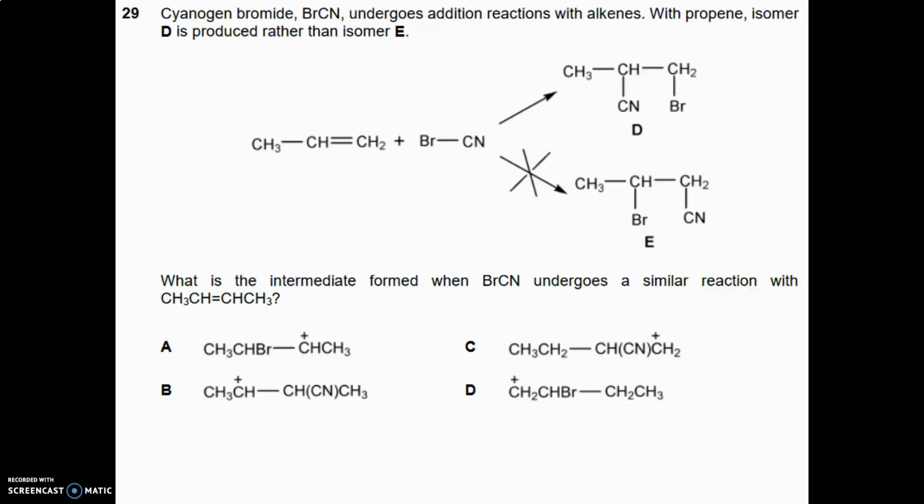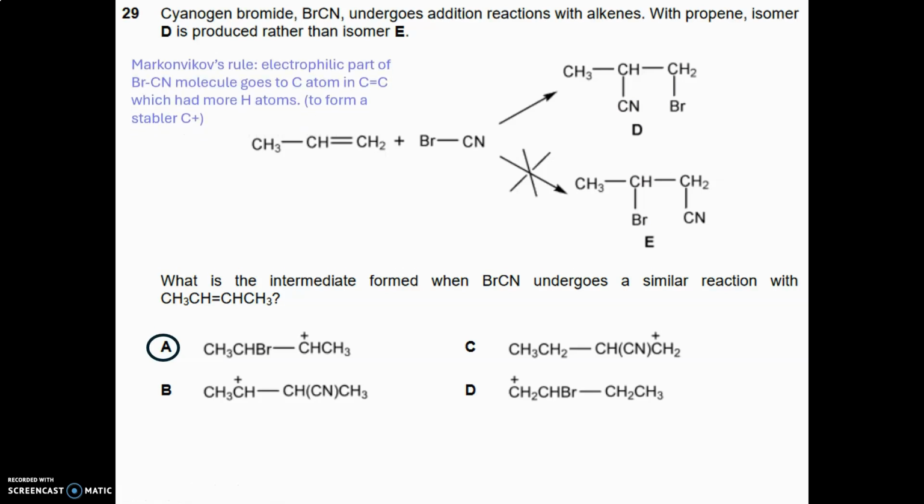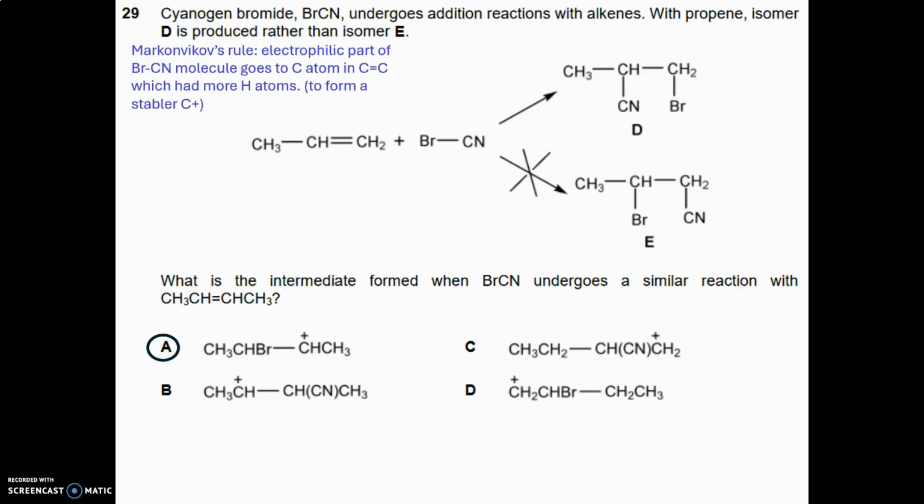Okay, question 29. The answer here is A. So we have cyanogen bromide, which undergoes addition reactions with alkenes, and we note that with propene, it forms isomer D rather than E. So this should remind you of Markovnikov's rule, which applies when we do electrophilic addition to alkenes.